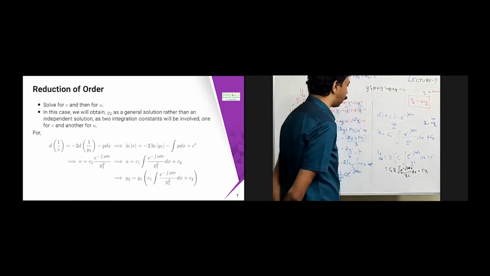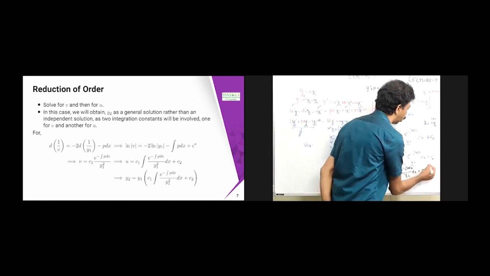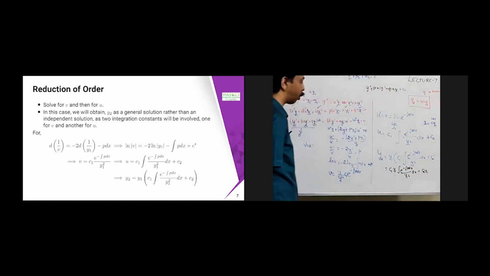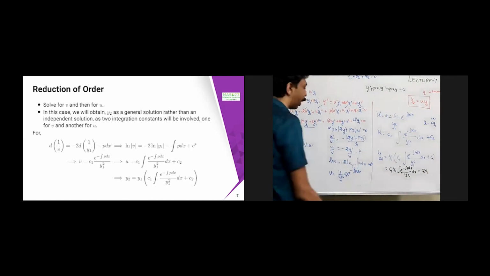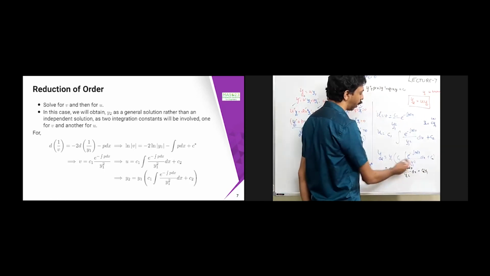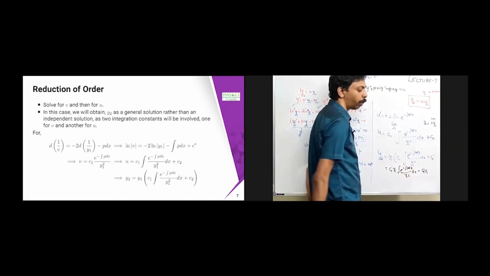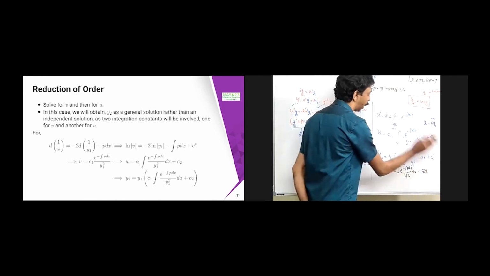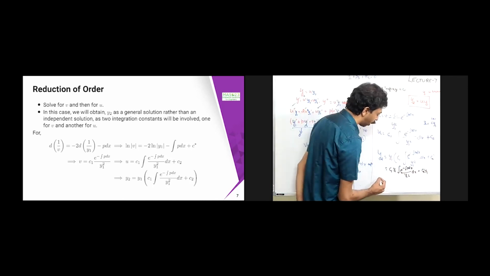Let's say c2 here. Actually, what I expected is that I want to find only the second solution, but the general solution itself is coming here. Because this is a function of y1, I can remove it. So y2 is an independent solution if I want.